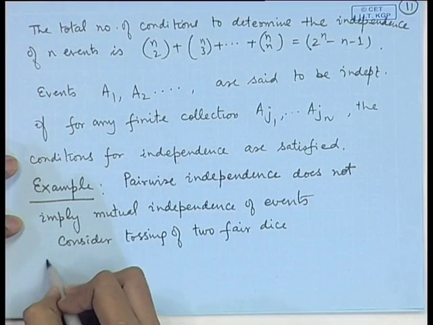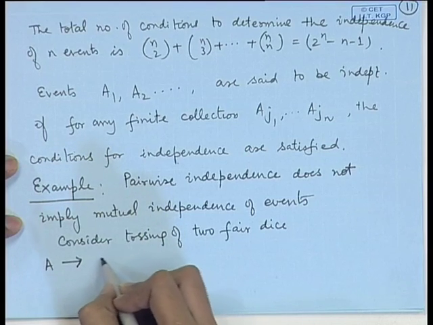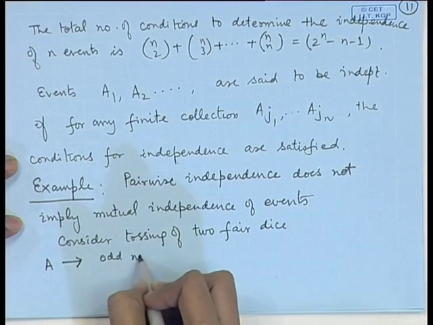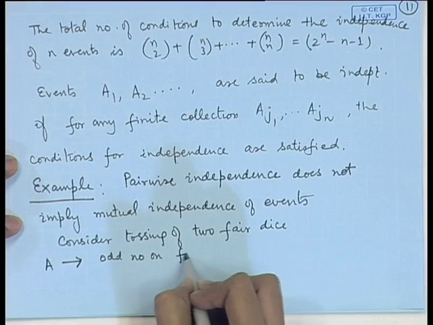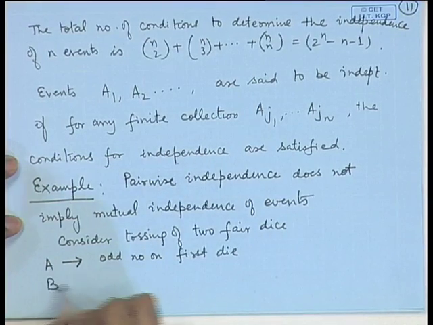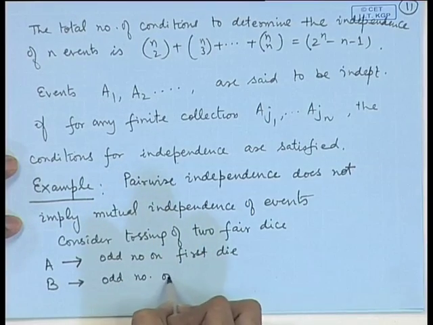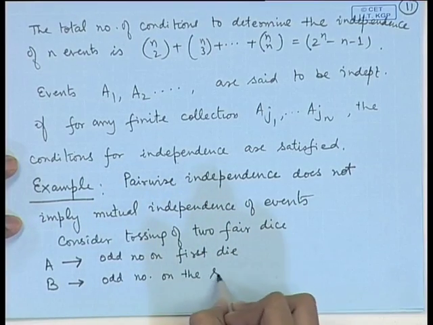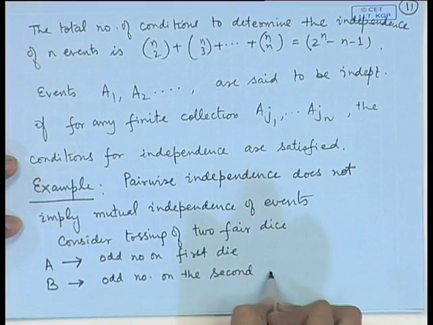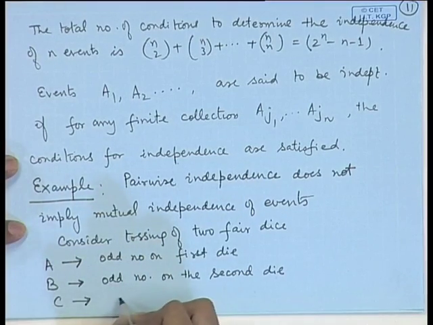Let me consider the event A as odd number on the first die, B as the event odd number on the second die, and C is the event odd sum.